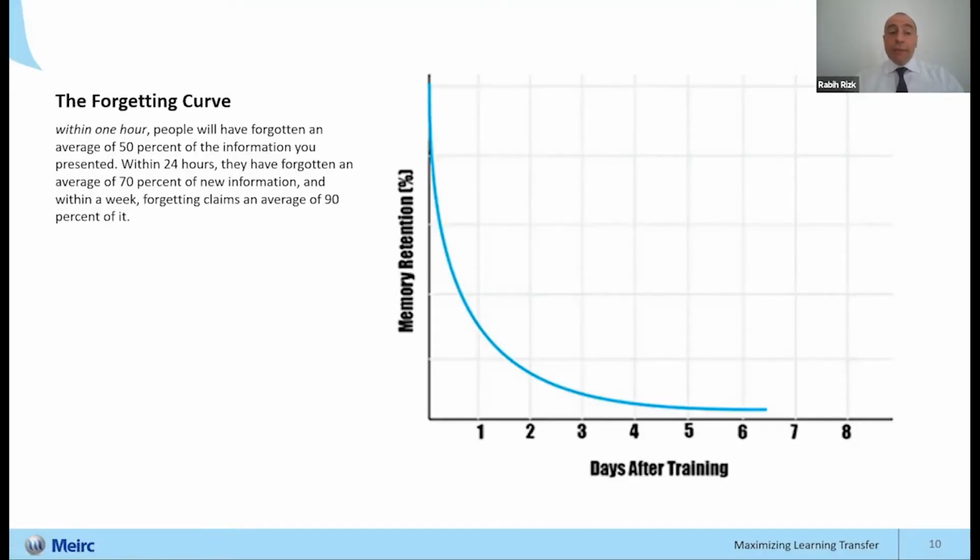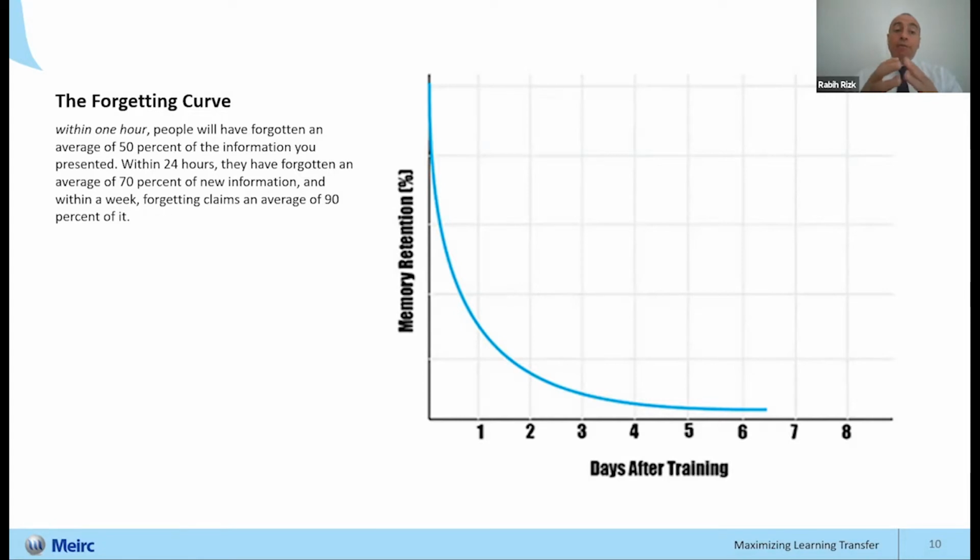you know that we experience after learning what we call the forgetting curve. The forgetting curve explains that within 1 hour, people forget almost 50% of the information that you have presented.